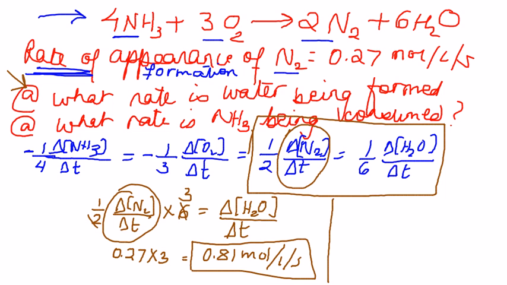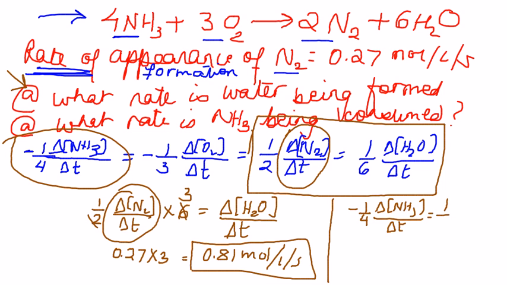The second half of the question says, what rate is ammonia being consumed? So first of all, realize that it is going to go with a negative sign because it's the consumption of ammonia. So you can safely say negative 1 over 4 delta ammonia divided by delta T is equal to 1 over 2 delta nitrogen over delta T. This part again is equivalent to 0.27.